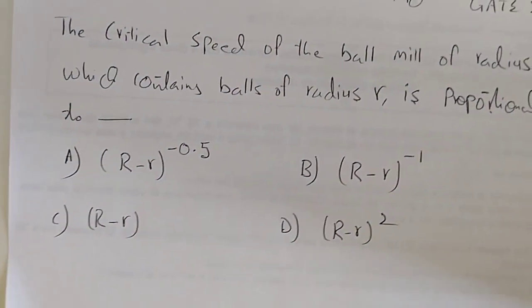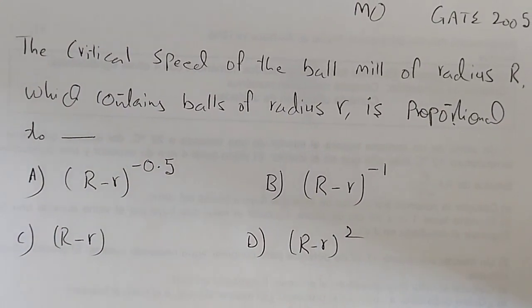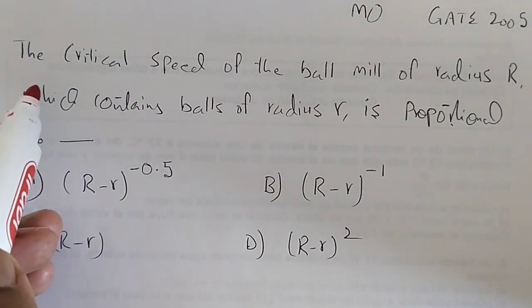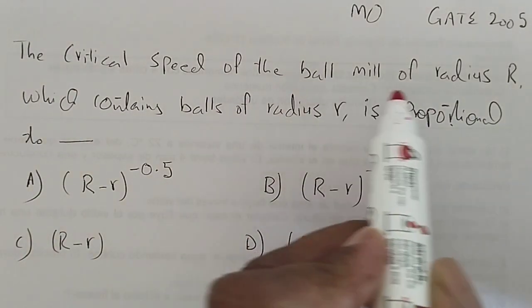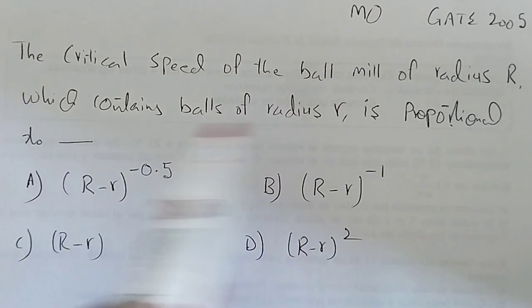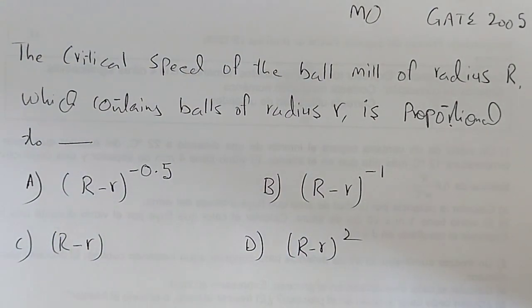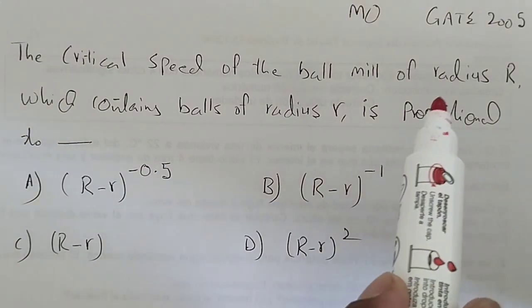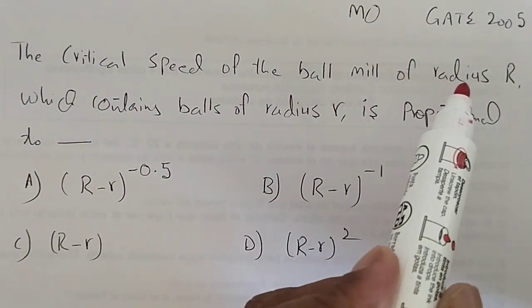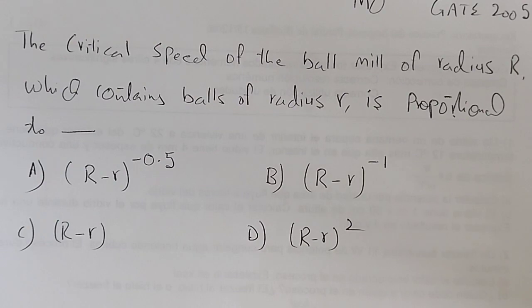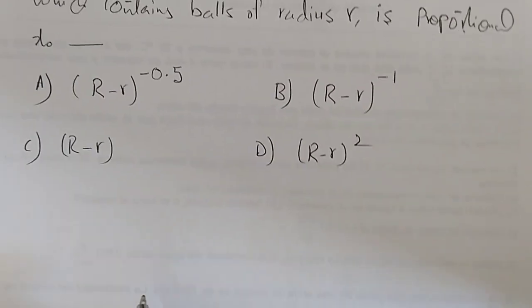We'll solve another problem of critical speed. Critical speed of the ball mill of radius R, which contains balls of radius r, is proportional to, you can see, this was the question, same question but asked in a different way. So this is quite interesting.